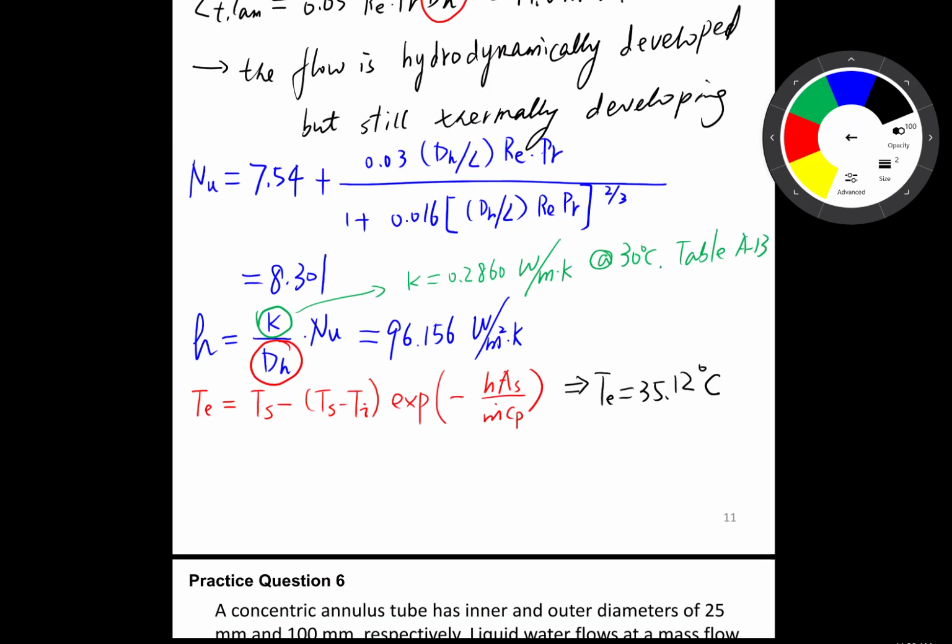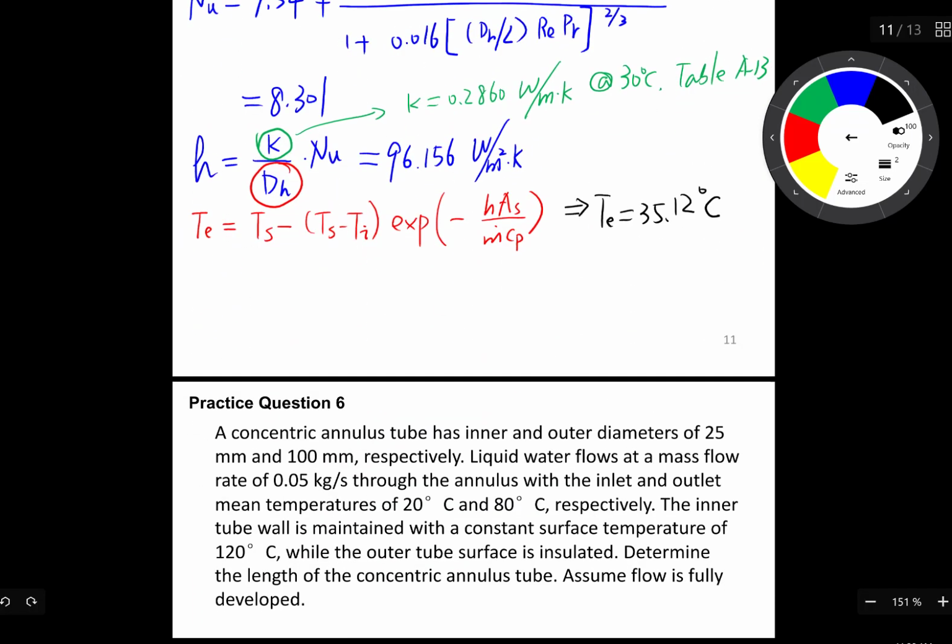So now we have T_e, we can find the bulk mean temperature, which is the average between the entrance temperature and the exit temperature. The entrance temperature is 25 degrees Celsius. Now we computed the exit temperature is 35. So the average is about 30 degrees Celsius.